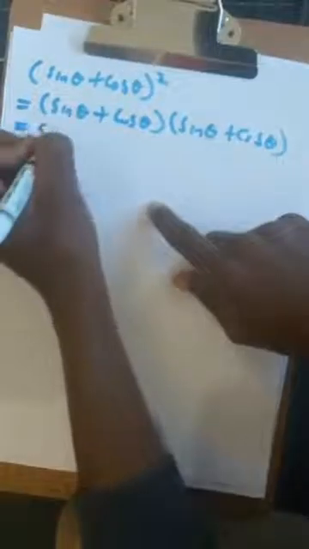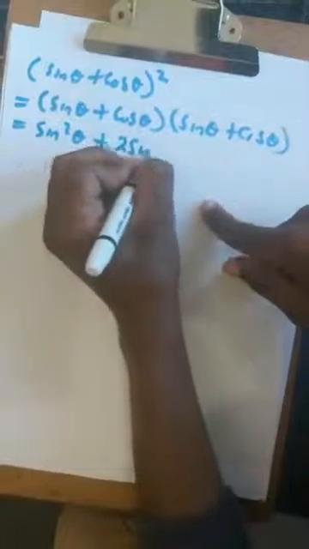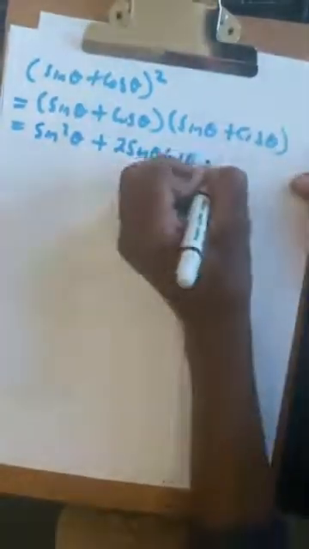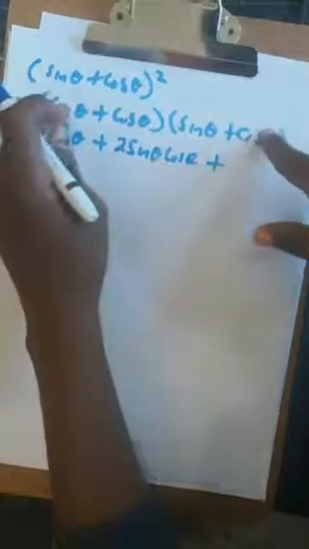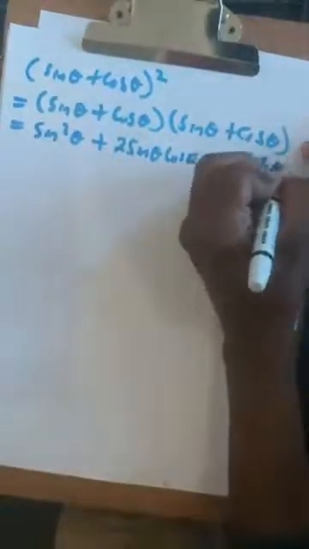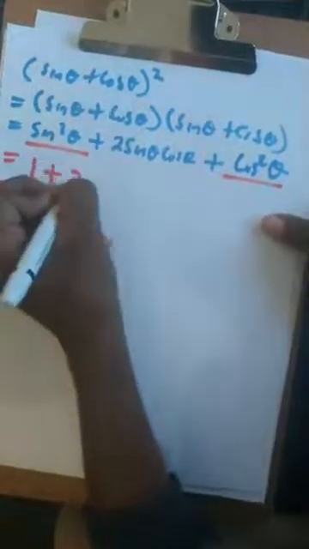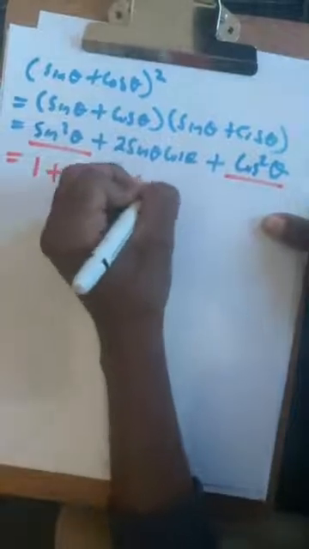Then from here, you are going to use your FOIL. This one times this one gives sine square theta, plus 2 sine theta cos theta, then cos squared of theta. Now sine squared theta plus cos squared theta is 1. So we have 1 plus 2 sine theta cos of theta.